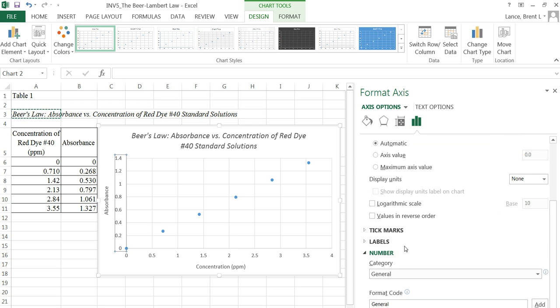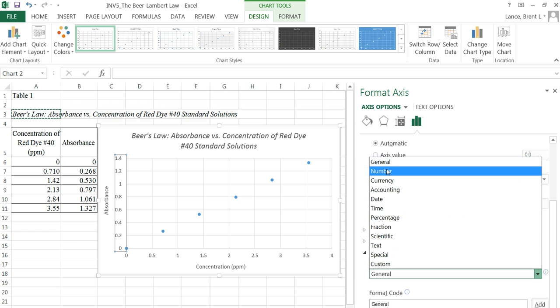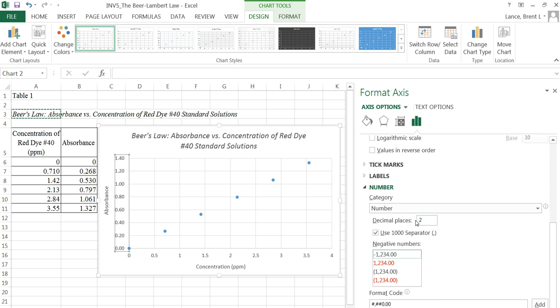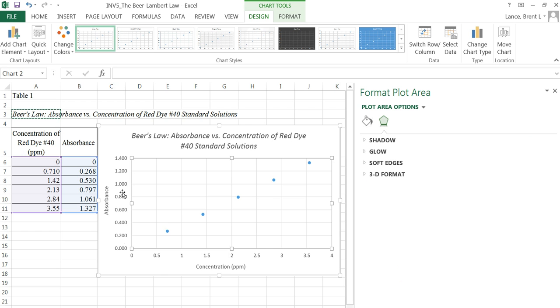And then under Category, right now mine just says General. I'm going to change that to Number. And then I want to format the number of decimal places. It says 2 right now. I'm going to format that as 3. And then just click enter, and it will change that to 3 decimal places right there.